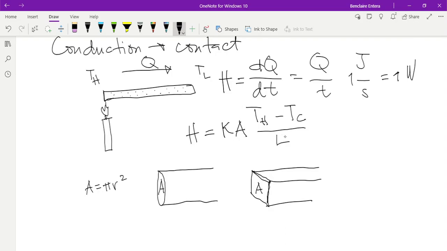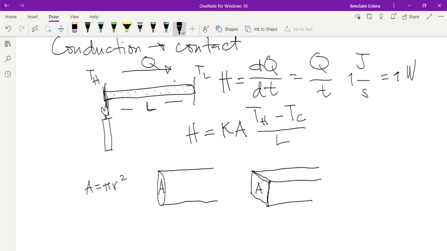Ito namang L, the length of the conductor. For example, this one, itong length na ito. Okay, this is the span. The length which the energy heat travels.